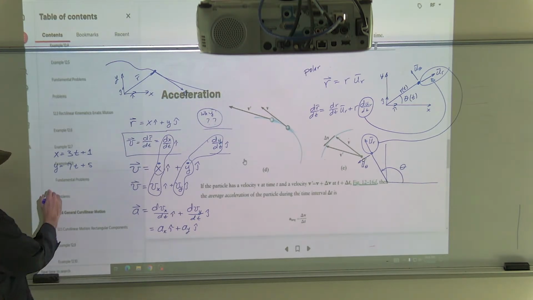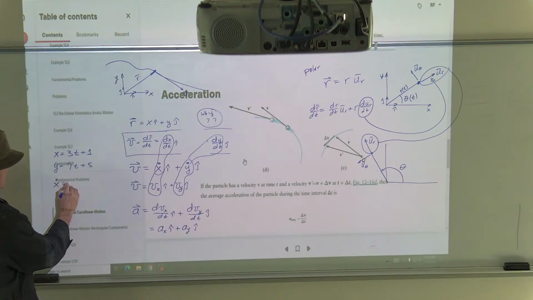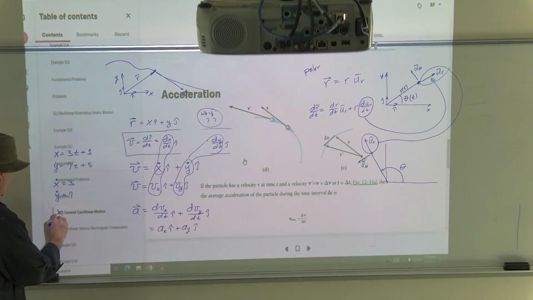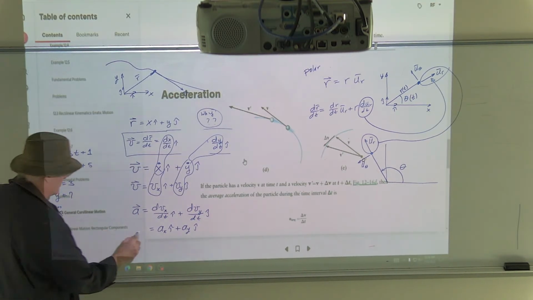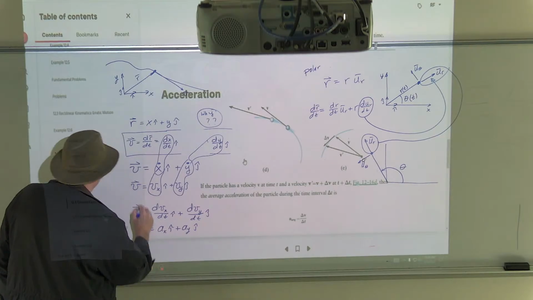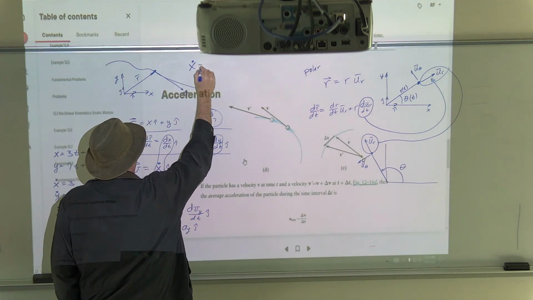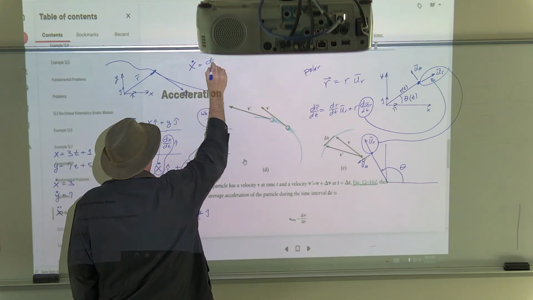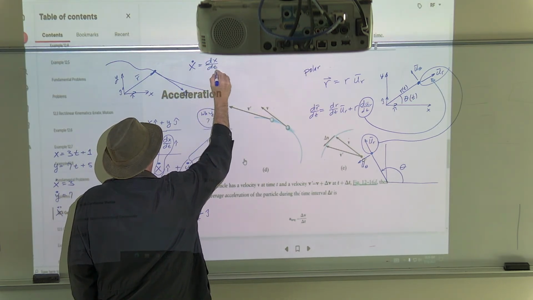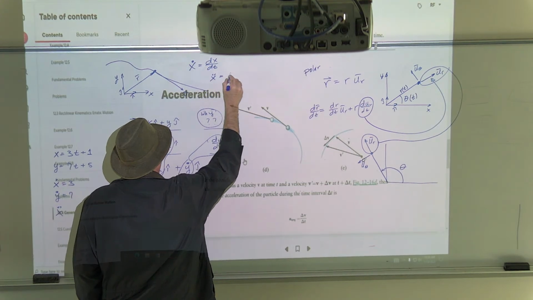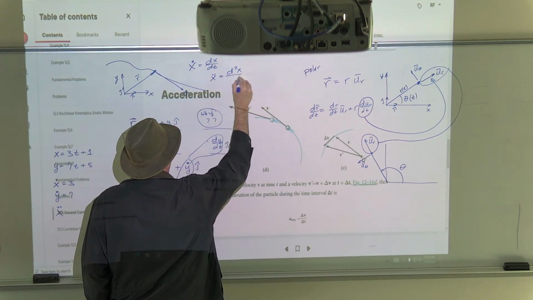But you look at this thing, this means x dot is equal to 3. y dot is equal to 7. x double dot, guess what x double dot is? x dot is equal to this. x double dot is the derivative of this.